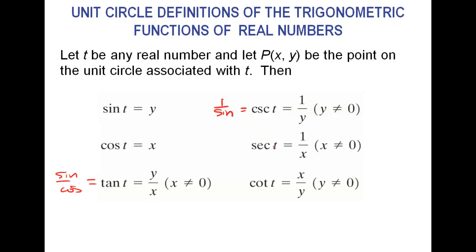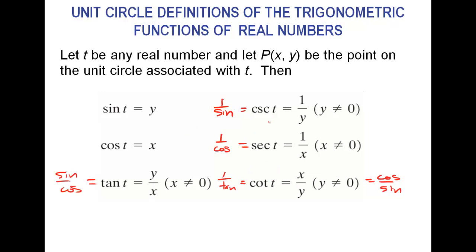And similarly, since secant is 1 over x, it's 1 over cosine. And then, of course, cotangent is 1 over tangent, which is also the same thing as saying cosine over sine, because 1 over this thing, you just flip the fraction.